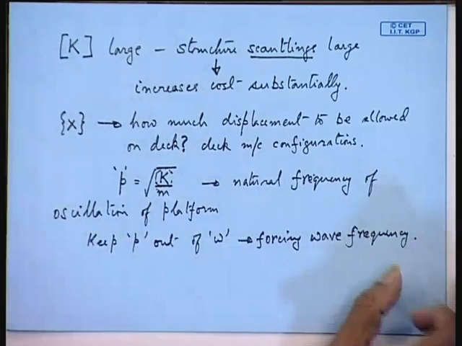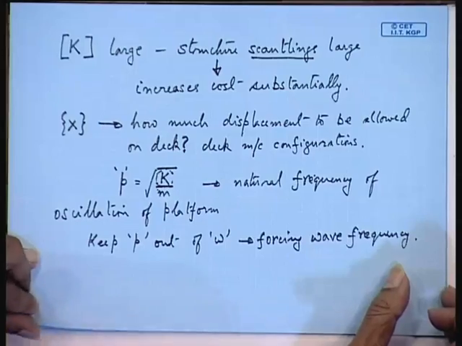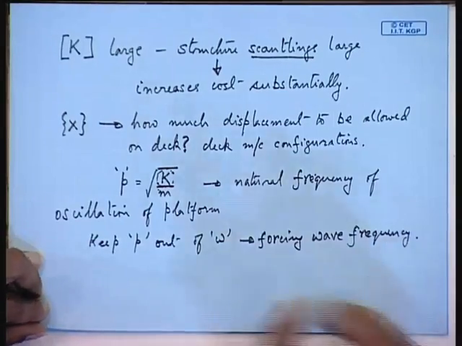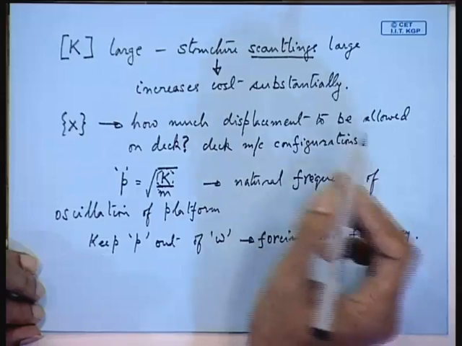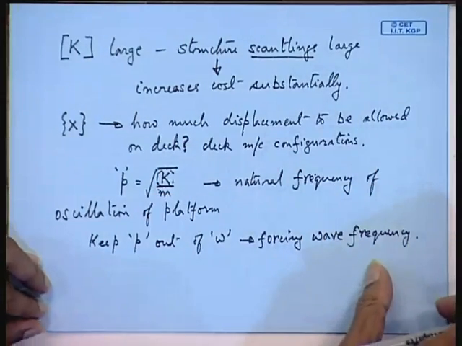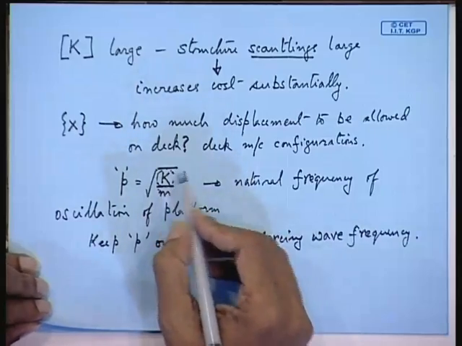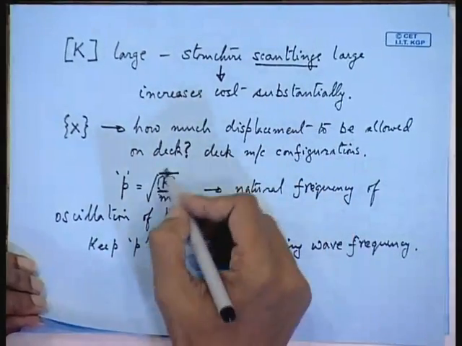So, these are from the structural engineering point of view, and from the cost considerations. So, this is what I told you, if you have very too much large k, this will also increase your natural frequency, P is equal to, but of course, if you increase k, your mass of the platform will also increase, because you are increasing the weight.